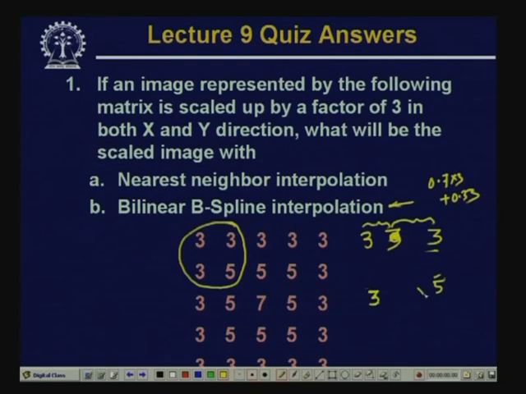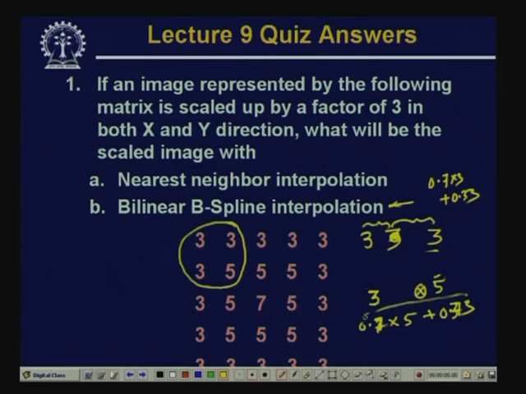But when I come to this particular pixel, the value assigned will be equal to 0.3 times 5 plus 0.7 times 3. Sorry, it is the reverse. This is 0.7 times 5 plus 0.3 times 3.